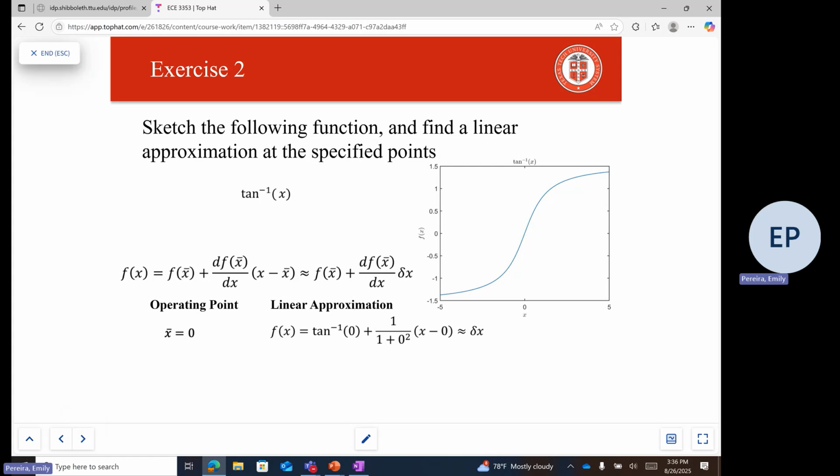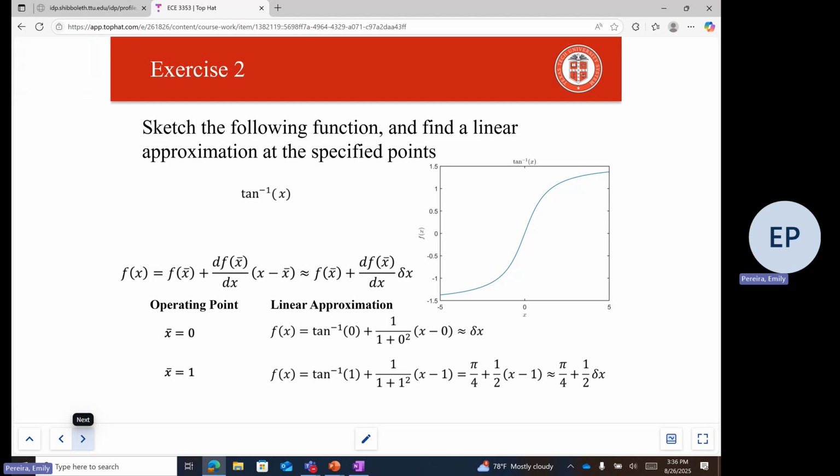Then you take the derivative of tangent inverse, which happens to be 1 over 1 plus x squared, times our x minus x bar. And so this is approximately equal to x, or delta x, since inverse tangent of 0 is right here at 0.